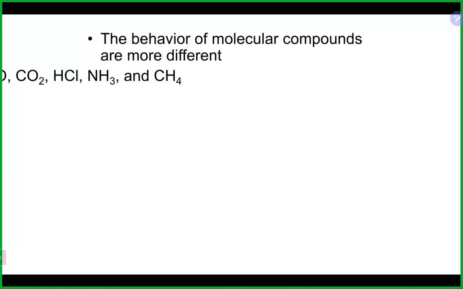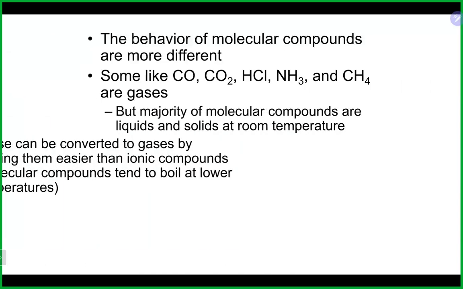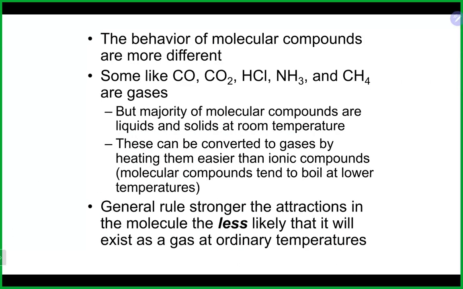Now, the behavior of molecular compounds, which are guys that share electrons, is a little bit different. There are certain compounds that are just gases straight up, like carbon monoxide, carbon dioxide, hydrogen chloride gas, ammonia, which is NH3, and methane. Those are all gases.